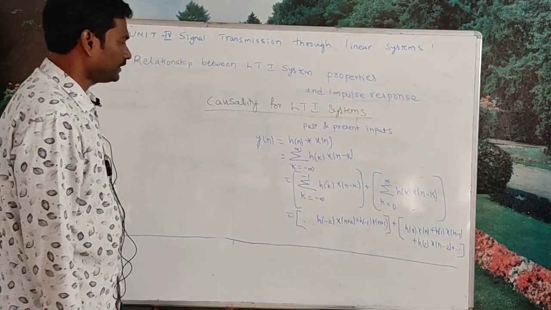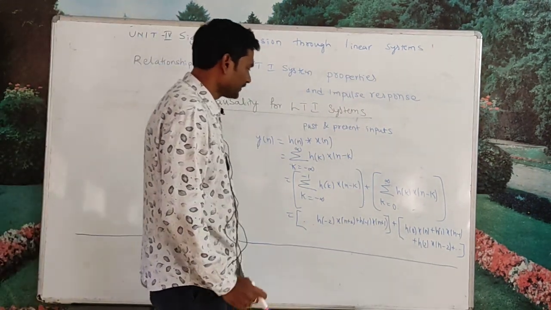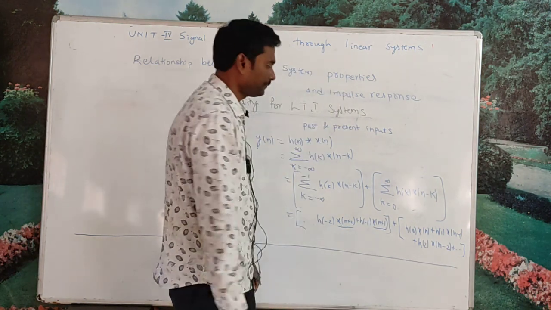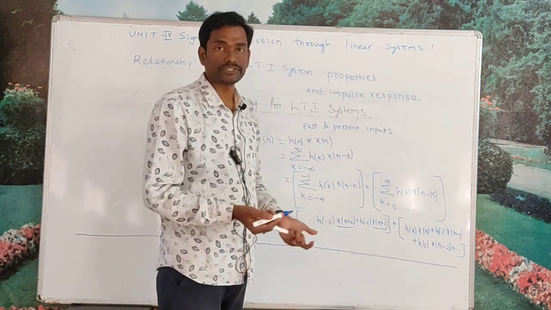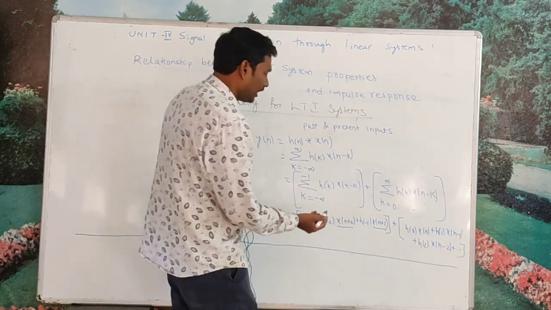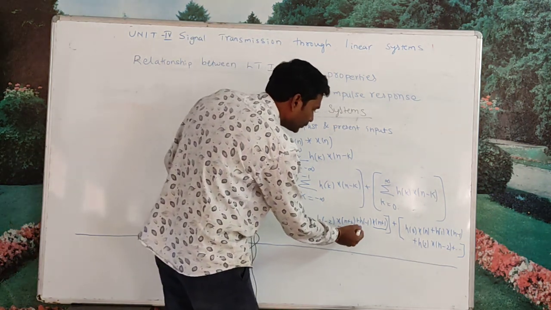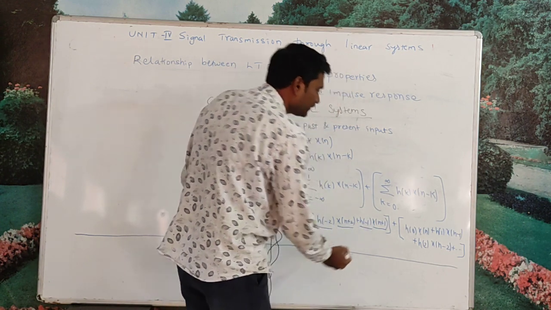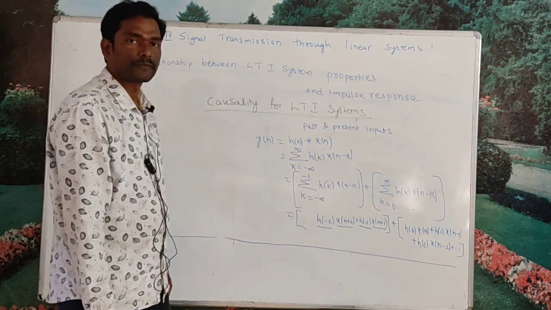If you carefully observe this equation, x of n plus 2 and x of n plus 1, which are the future inputs, are associated with the impulse response h of minus 2 and h of minus 1.